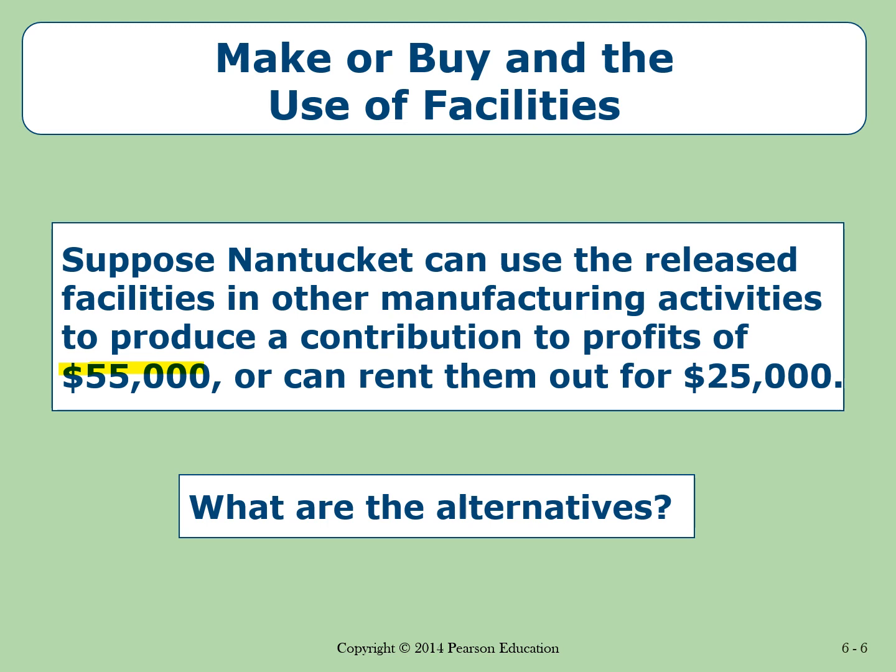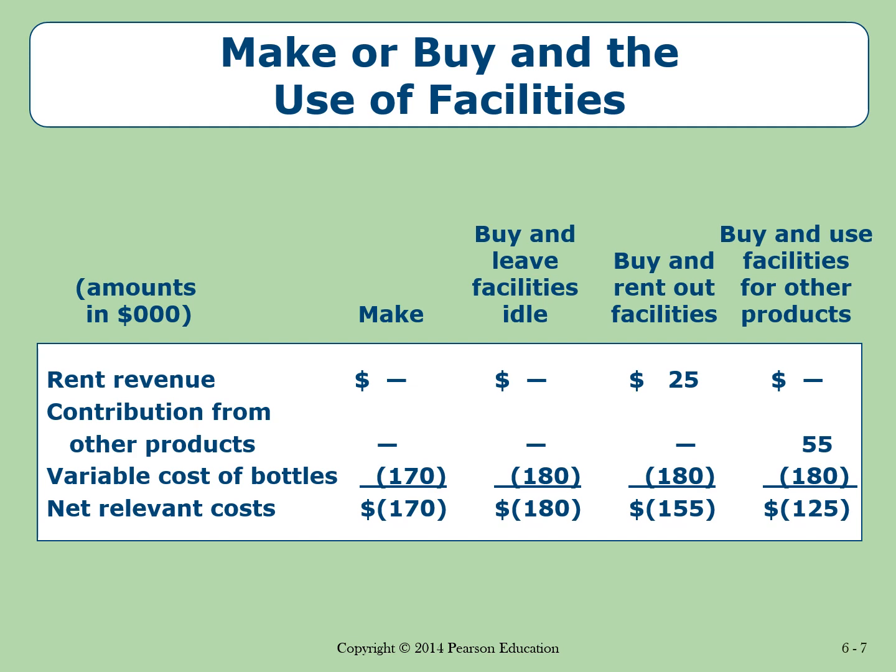Of course, it's obvious that you are going to choose the first choice, which means to buy and use the facility for producing another product and achieving the $55,000, because the $55,000 will decrease the cost of $180,000 related to buying the product from others, which means the total cost is going to be 125.